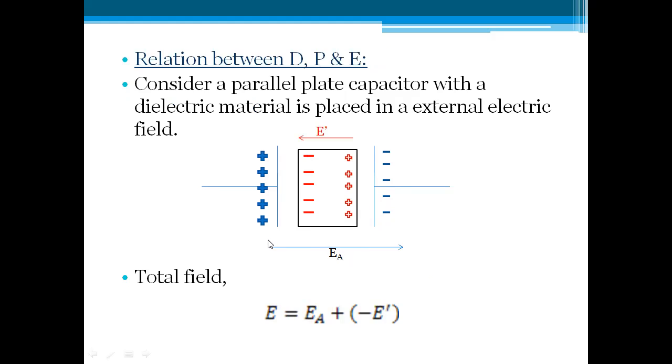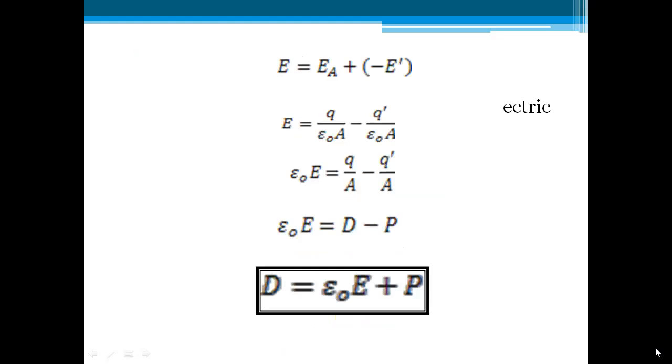Due to the application of electric field from left to right, there will be an induced field on the surface of the dielectric material, which acts opposite to the applied electric field. Therefore, the total field across the plates of the capacitor can be given as E equal to the summation of applied field and induced field, E_A plus minus E bar. Here minus represents that E_A and E bar are in reverse directions.